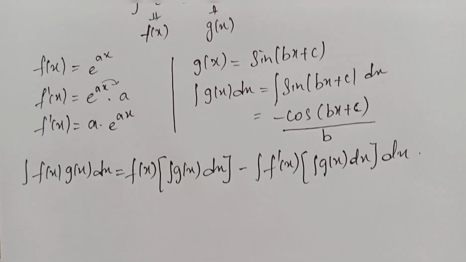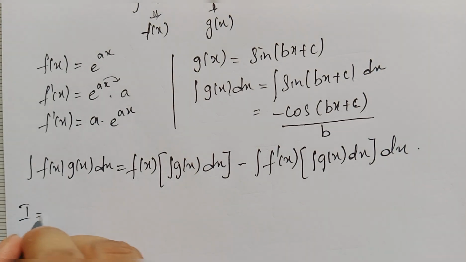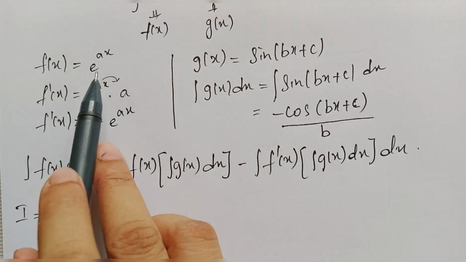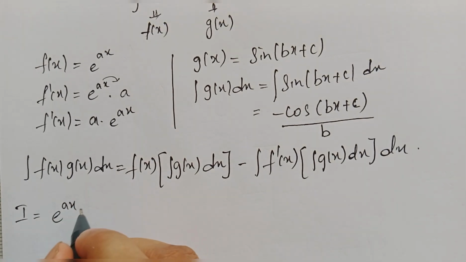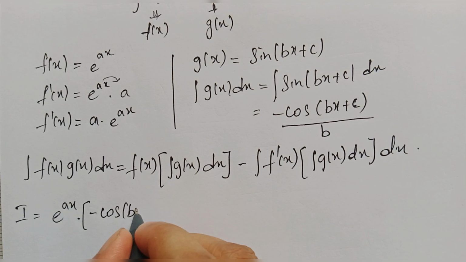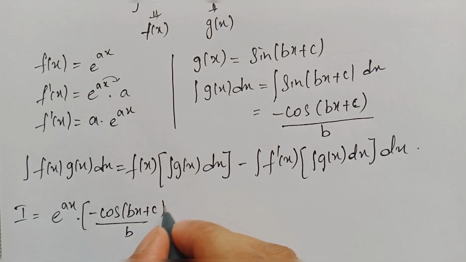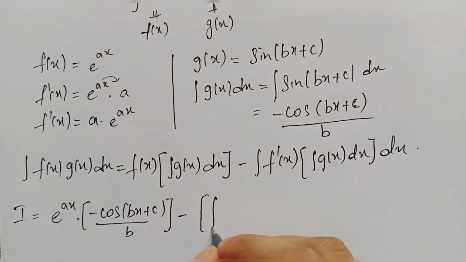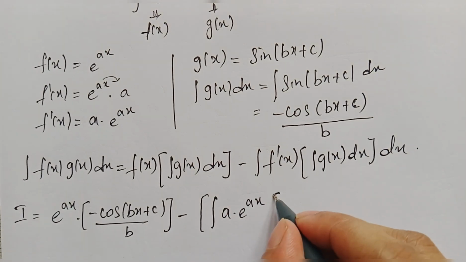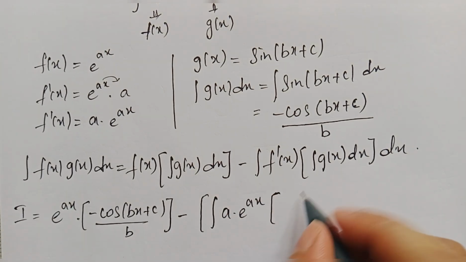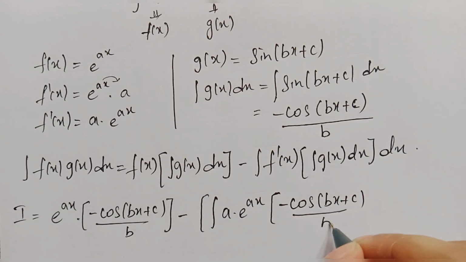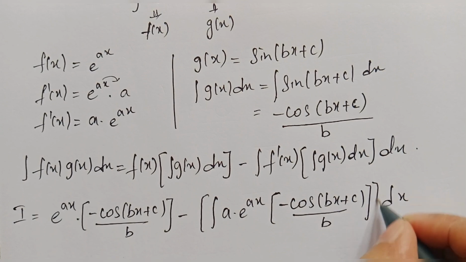We'll consider I as equal to our integral. So f(x) value is e^(ax) into the integral of g(x) dx, which is minus cos(bx + c) by b, minus the integral of f'(x), which is a into e^(ax), into the integral of g(x), which is minus cos(bx + c) by b, whole dx.